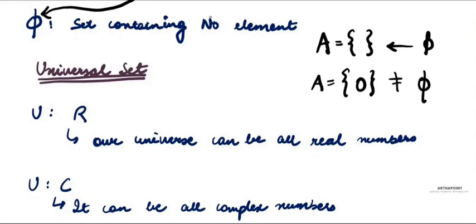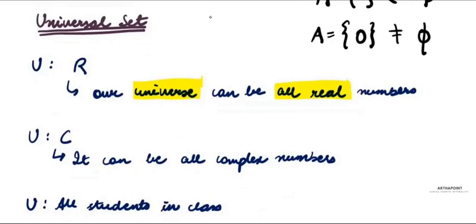If I tell you B is a set of first 5 real numbers, then U will be a set of all the real numbers. So universe is always, as the word suggests, universe. It's the set of all real numbers. Or my universe can be C. So it will be the set of all complex numbers.